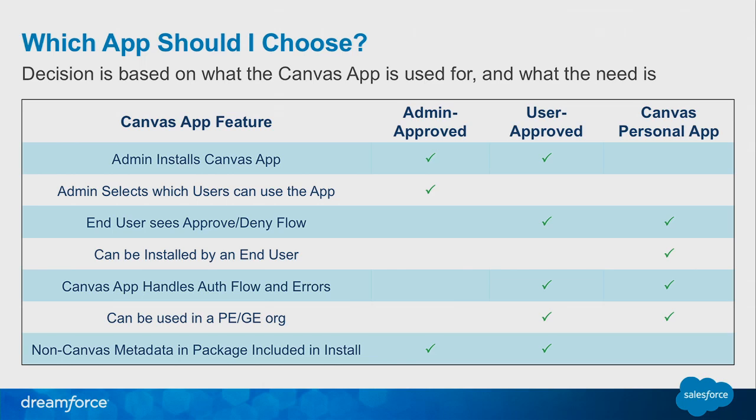If you want the end user to see the approve/deny flow and actually have to opt in, then you'd want to use user-approved or Canvas personal apps, and so on and so forth. But the idea really is that we want to give you the ability to choose what works best for your organization and for your Canvas application. So we don't want to artificially block anything.